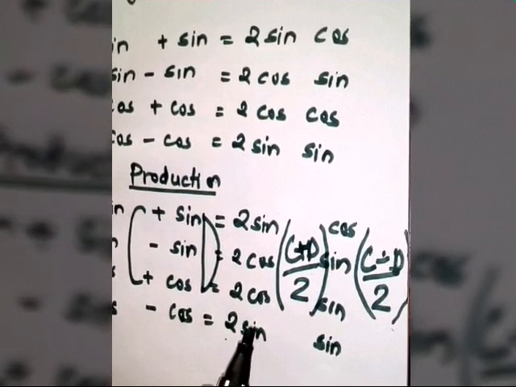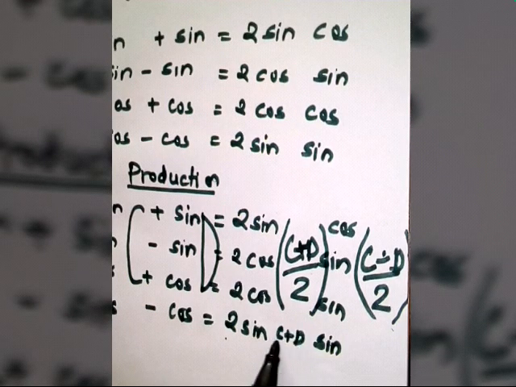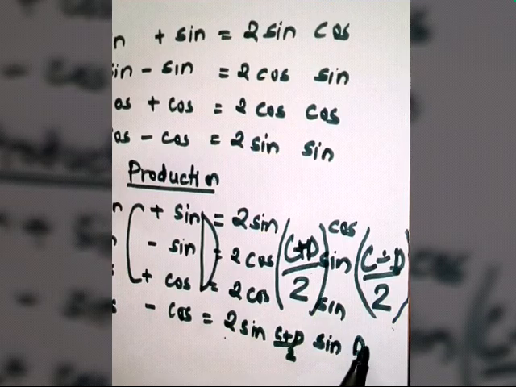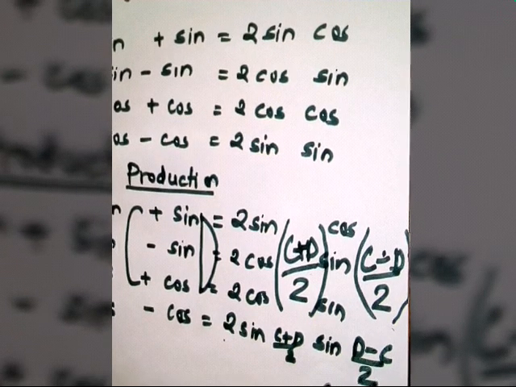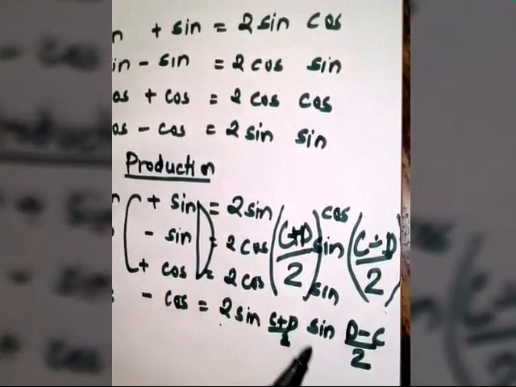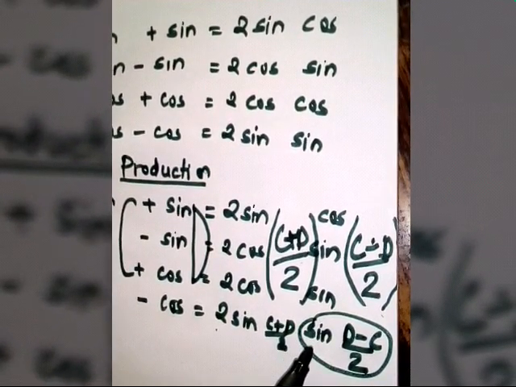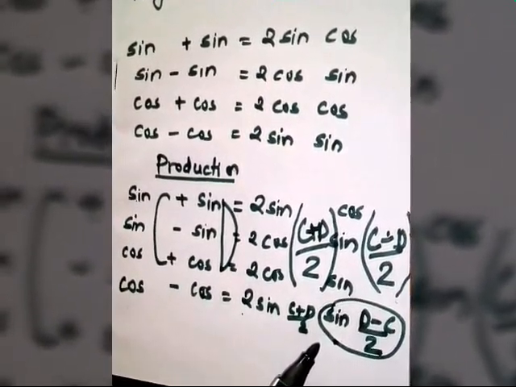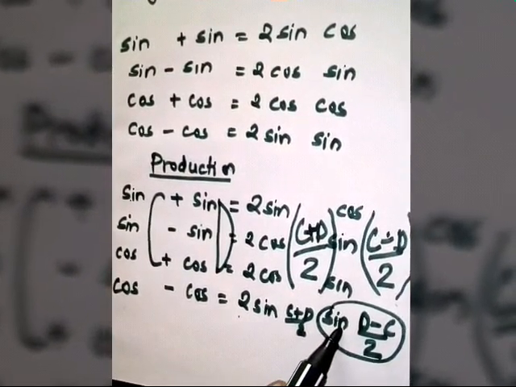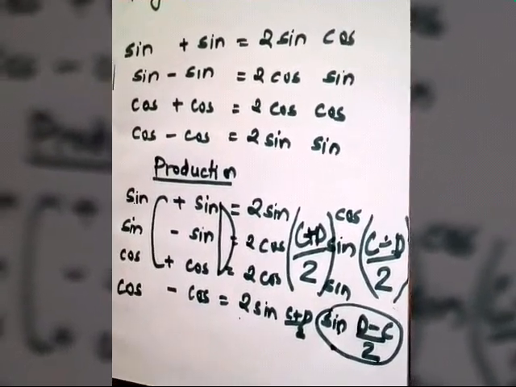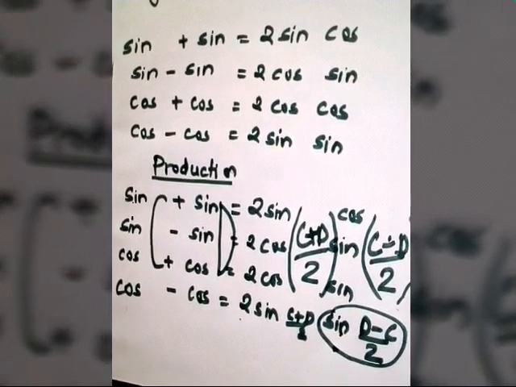The first one is (c plus d) divided by 2, but this one is different, so that will be (d minus c) divided by 2. Now when we have to memorize the formula, just keep in mind that the last term here is d minus c by 2. For cos c minus cos d, the second sine has d minus c by 2. The remaining are the same, so it will be quite easy for us to memorize the formula.